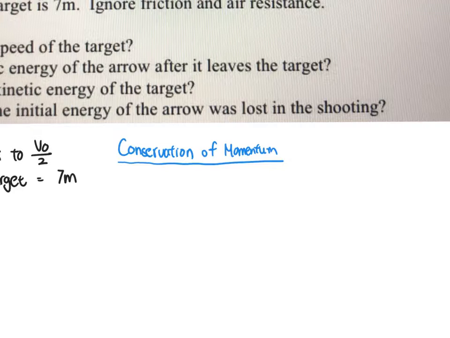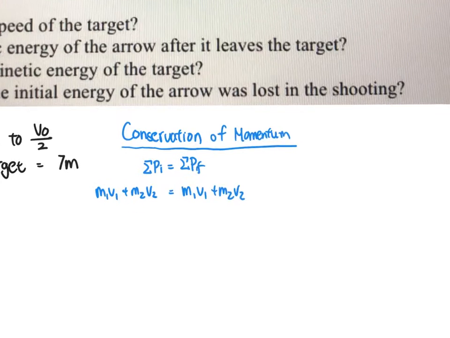First off, we always state our statement of conservation of momentum, which states the sum of all momentum in the initial equals the sum of all momentum in the final. So we know that m1 v1 plus m2 v2 for the initial side equals m1 v1 plus m2 v2 for the final side.